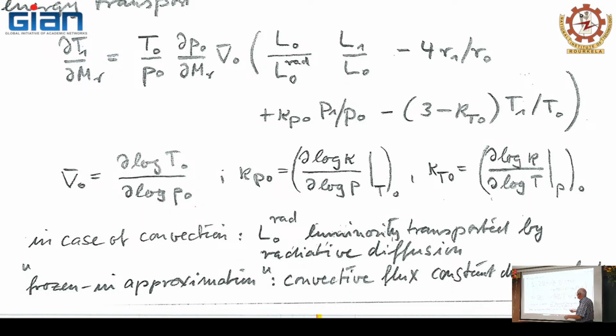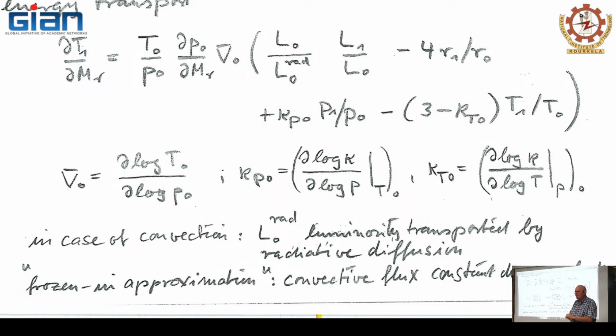of the luminosity which is transported by radiative diffusion, and you ignore the fraction transported by convection. In that case, you get the ratio of the total luminosity, including both the radiative diffusive luminosity plus the convective luminosity, and the fraction transported by radiative diffusion. This is called the radiative luminosity in the stationary model. In the stationary model, you determine the total, radiative, and convective luminosity.